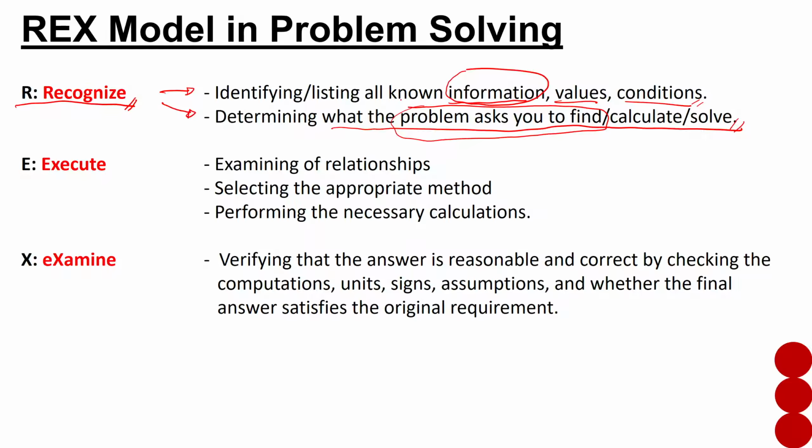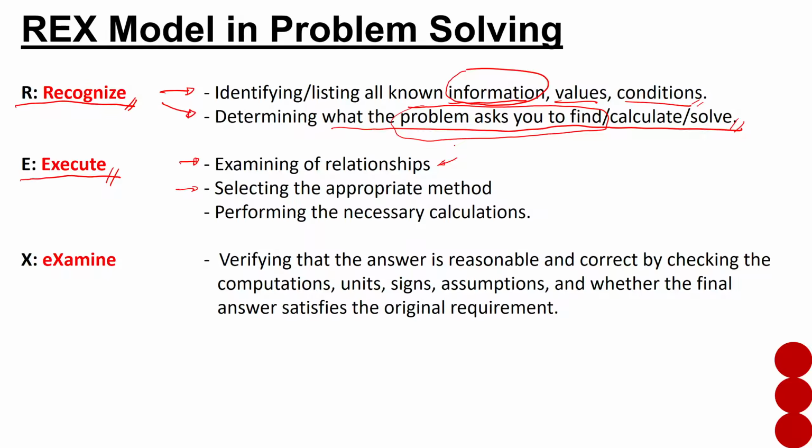After listing all the known information and what the problem asked you to find, next you are going to execute. In executing, you examine the relationships of the known information and then select the appropriate method, right? Are we going to use the simple compound interest formula because we just have one single and one present?